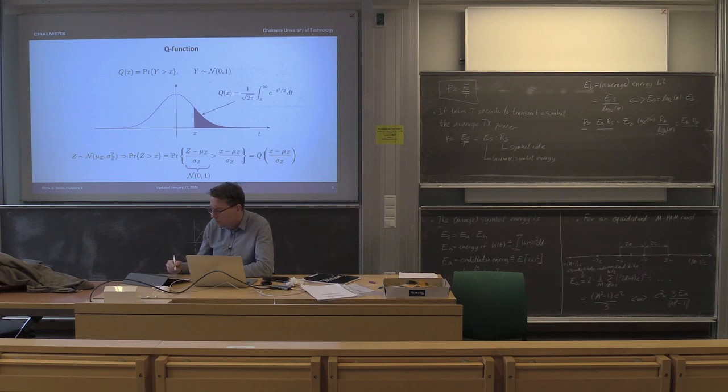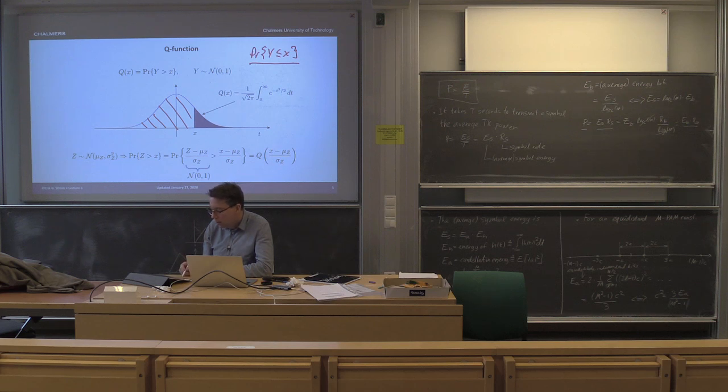Sometimes tables are actually taking the probability that y is less than some value x. This is typically what you find in tables. However, in our course, we're more interested in the tail probability than the left-hand probability here. So Q of x is simply the integral from x to infinity. So it's the probability to end up in the tail here.